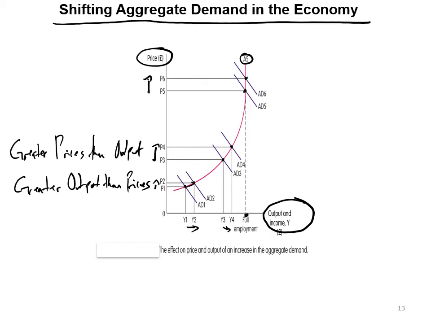Output stays the same. It doesn't shift. Amazing. So when we have perfect price inelasticity, only prices increase, and we have no effect on output. Okay, so we only have an increase in prices, but output does not change.